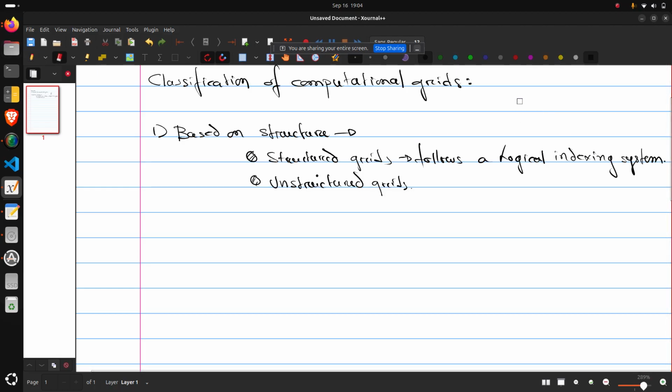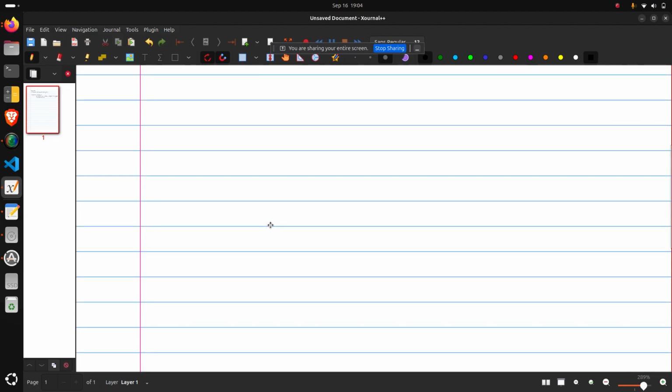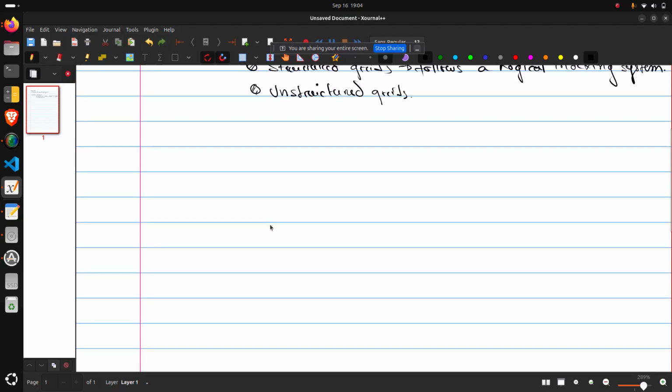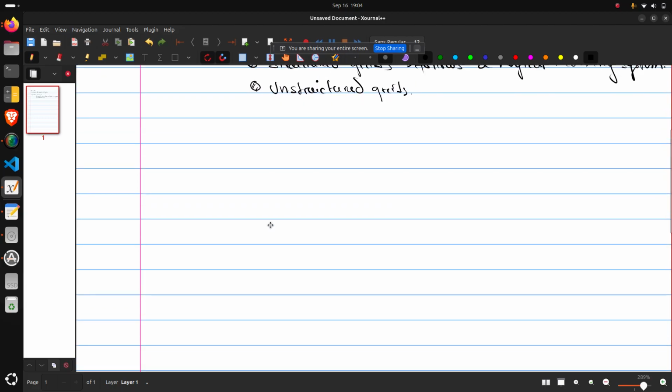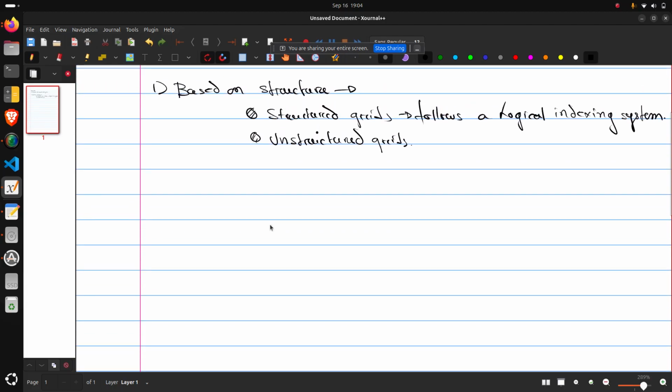Let me just draw it here, properly, the flow over a car.